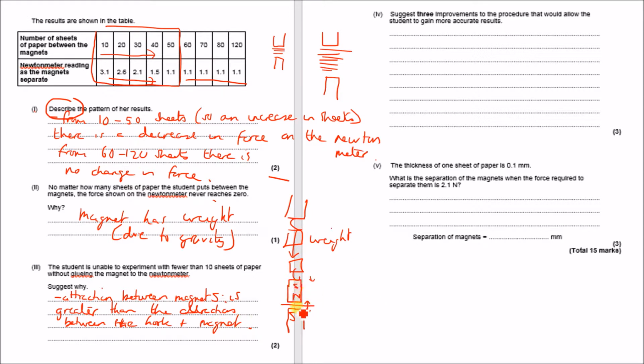So what we're saying is this attraction between the two magnets, between the paper, is greater than between the hook and the magnet, so that's less.